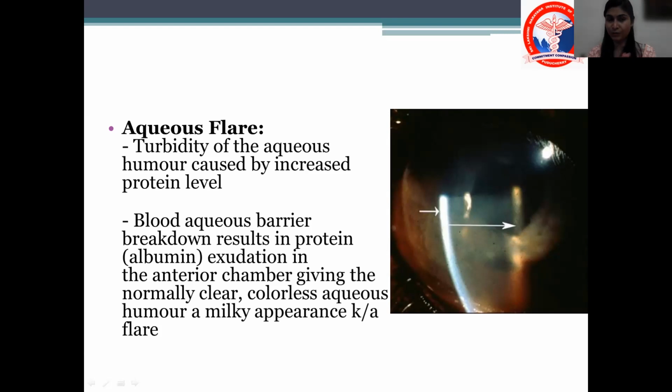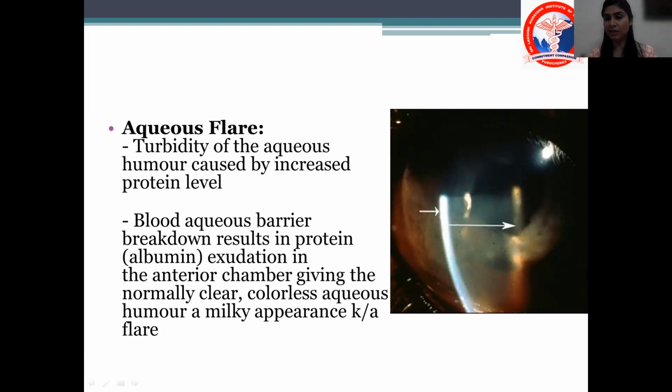Basically, the treatment of uveitis depends mainly on steroids; anti-inflammatory drugs should be given to reduce the inflammation, and we have to evaluate the person completely and thoroughly to know the cause of the uveitis or any other body part which can be affected.